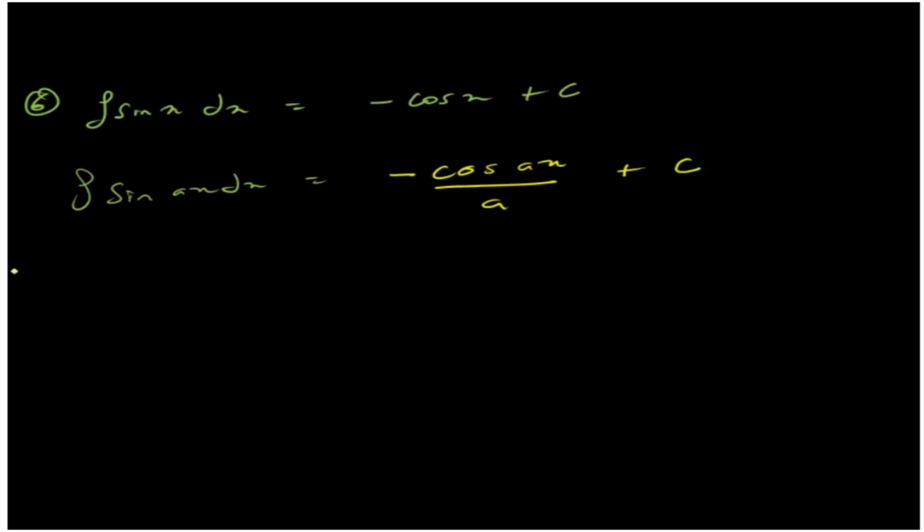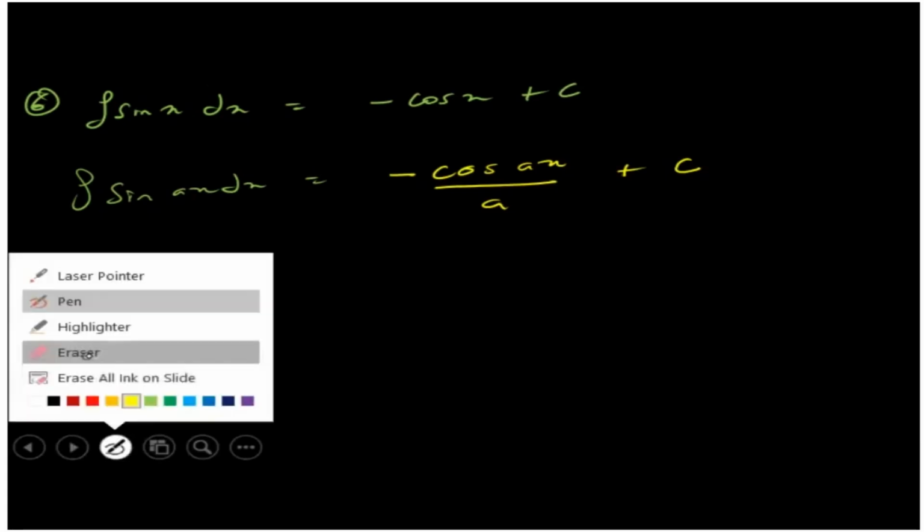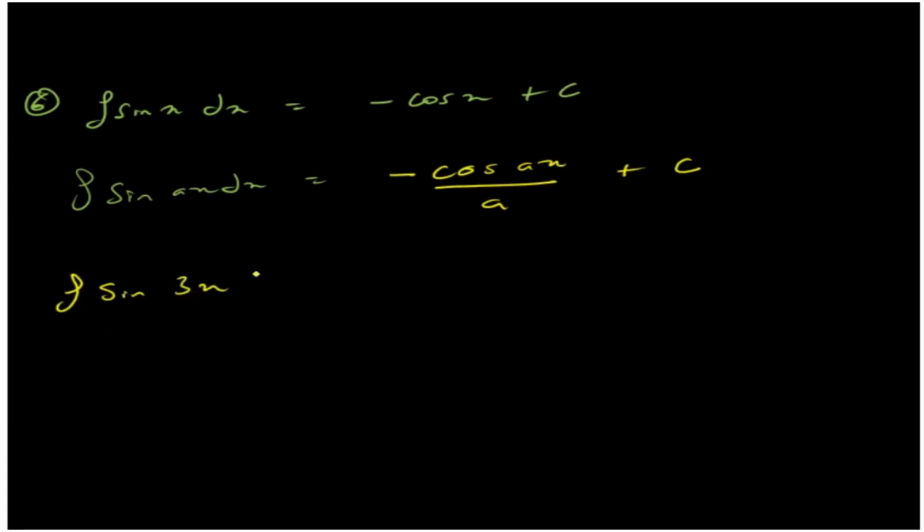So let us say I'm supposed to integrate sine 3x dx. How do I integrate this one? It's negative cos 3x over 3 plus c. But that is how to integrate sine.